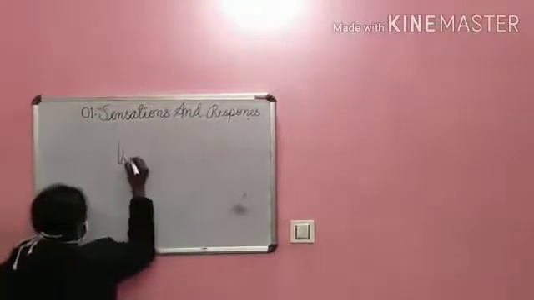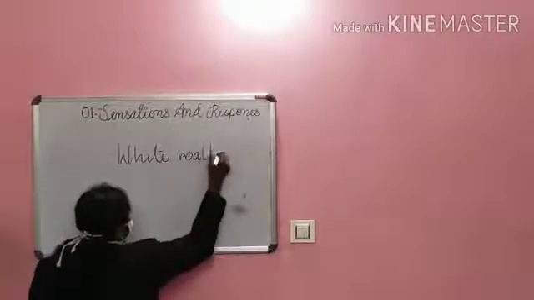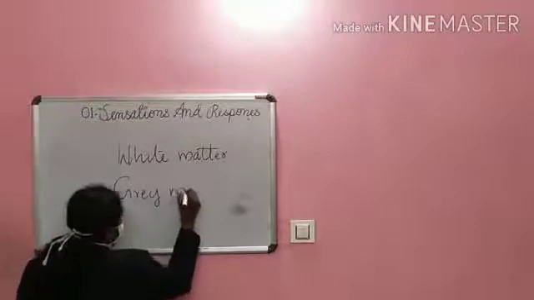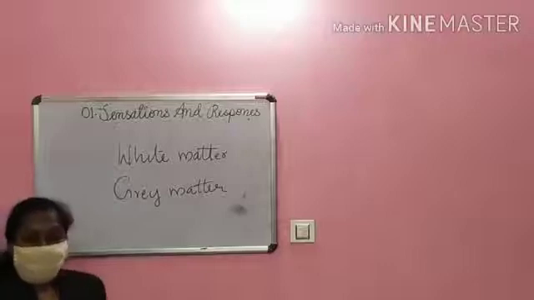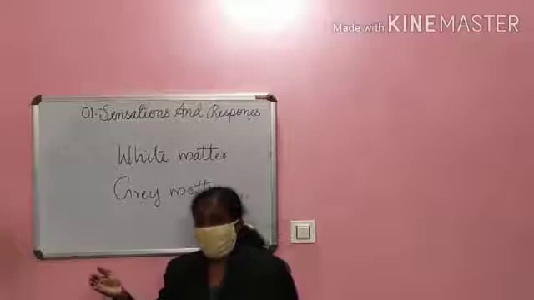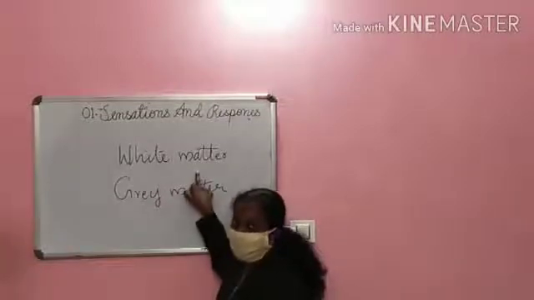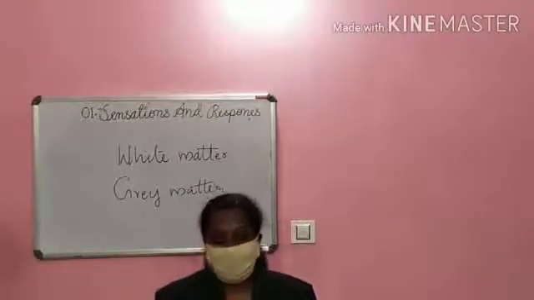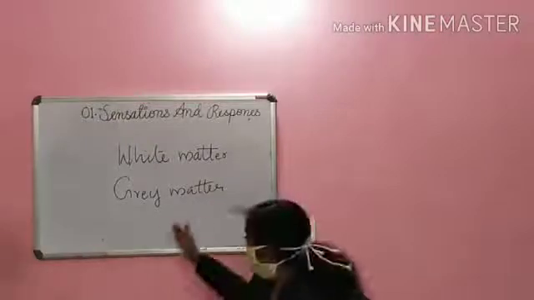White matter and grey matter: if myelinated nerve cells are present in the brain and spinal cord, it is called the white matter. If myelinated nerve cells are not present, that means non-myelinated nerves, it is called the grey matter.